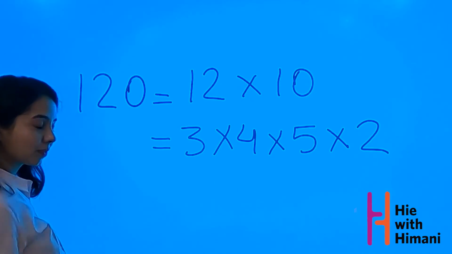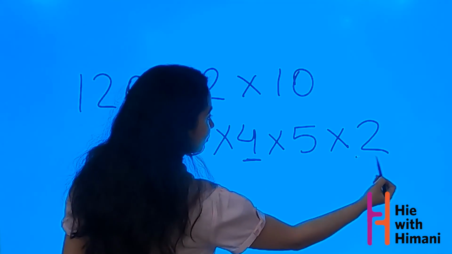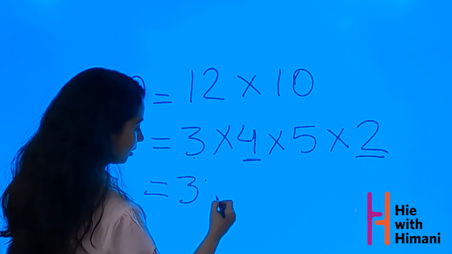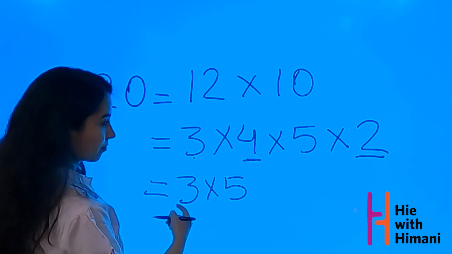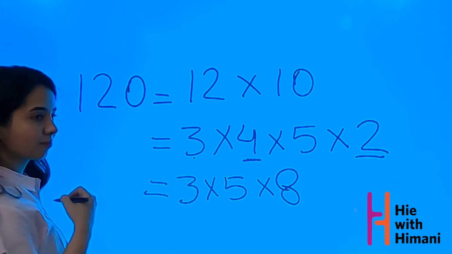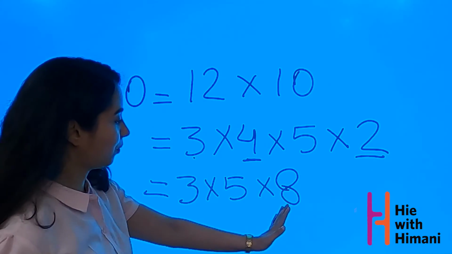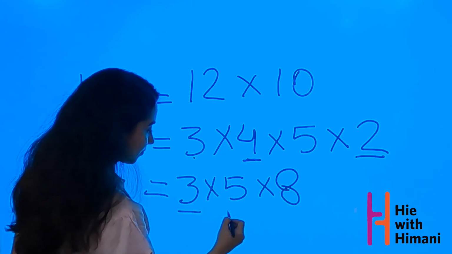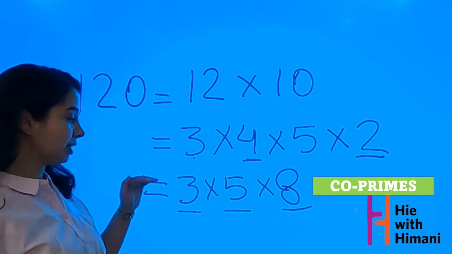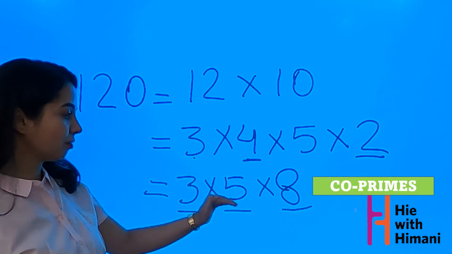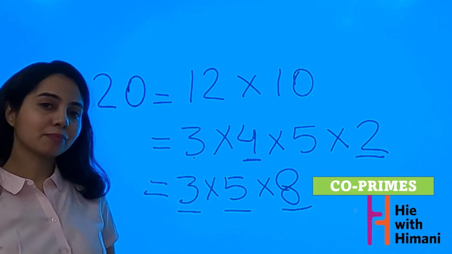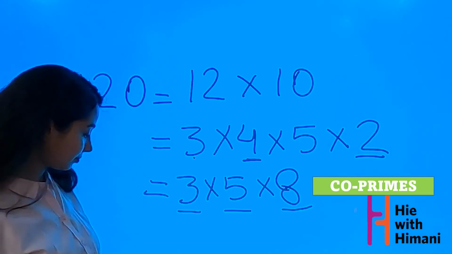But still they are not co-prime, 2 and 4. So what I'll do is, I'll say 3 into 5 is 15, 15 into 8. That will be 120. If you see, they are all co-primes. So if a number is such that it is divisible by 3, 5 and 8, I can say that yes, my number is also divisible by 120.